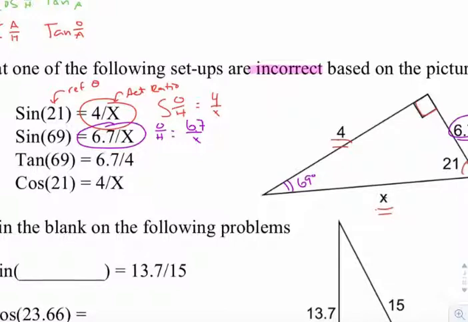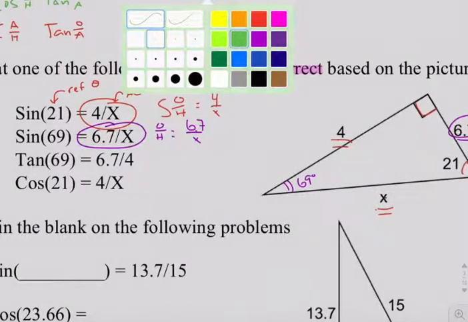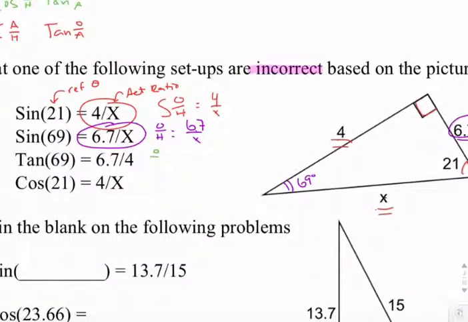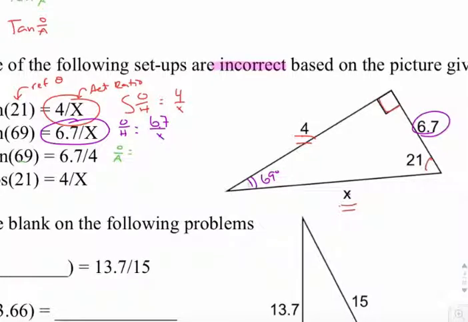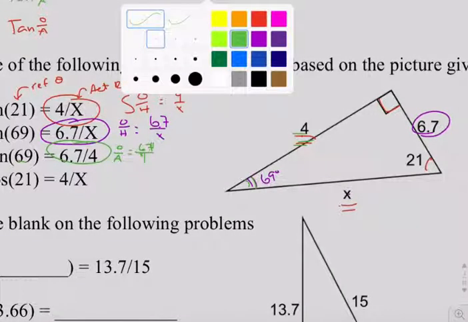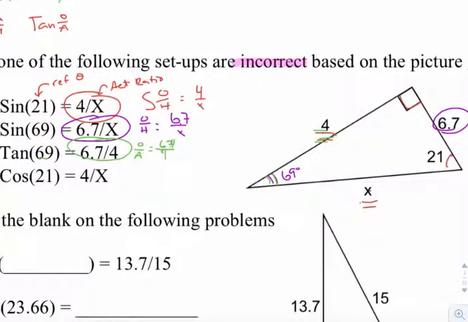Let's keep going. Tangent. Recall tangent is opposite over adjacent, and we're looking at the reference angle of 69 again, so sitting here at 69, opposite is 6.7. Adjacent is the one touching, and that's not the hypotenuse, which should be 4, and so that ratio is good as well. Now that, of course, tells us that the final answer is probably going to be our answer. It's the one that's incorrect.